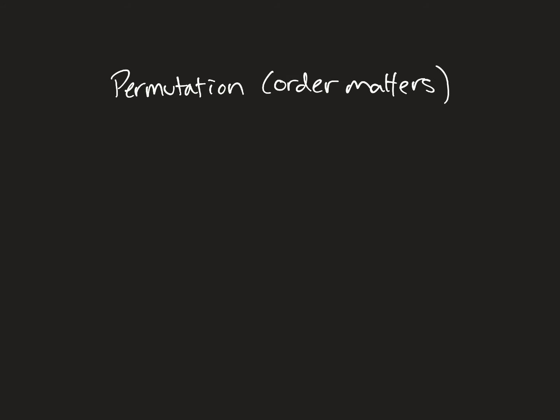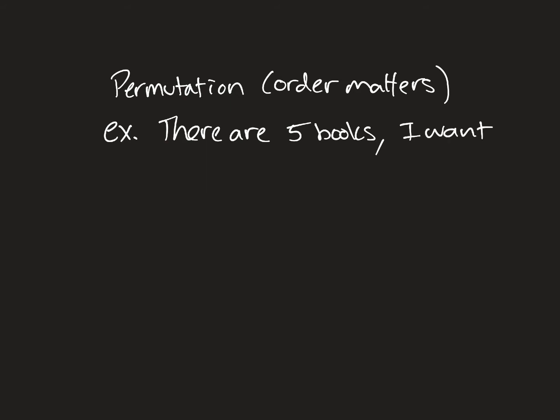Let's take an example, and then we'll talk about some notation and a formula that is sometimes used. A very simple example: say there are 5 books, and I want to arrange 3 of the books on a shelf.